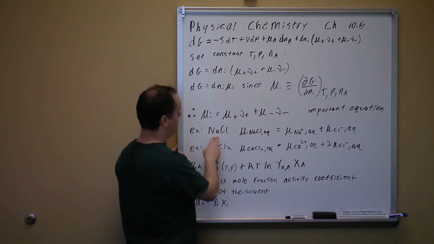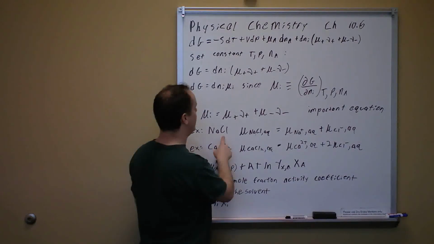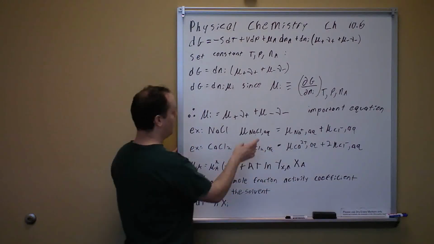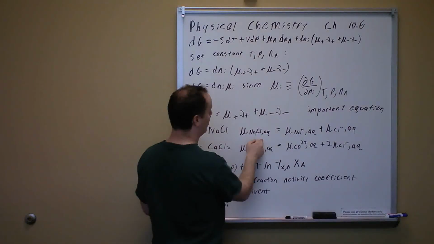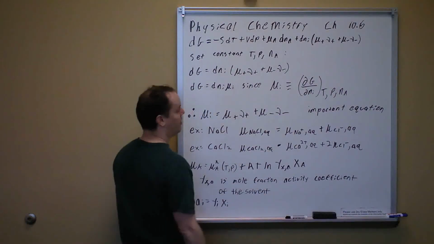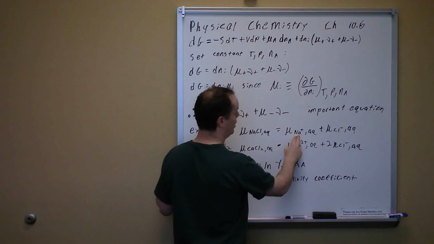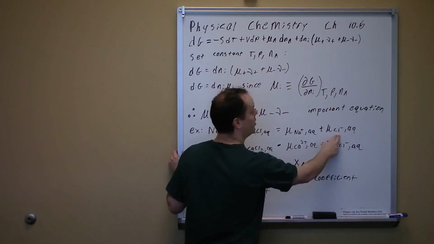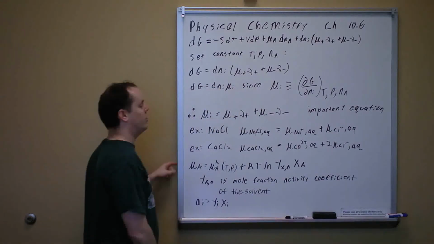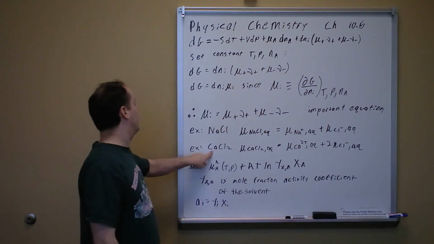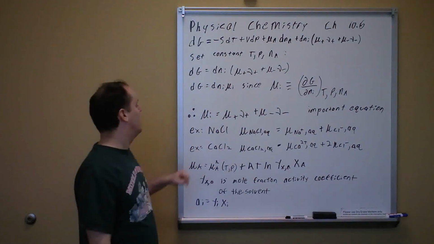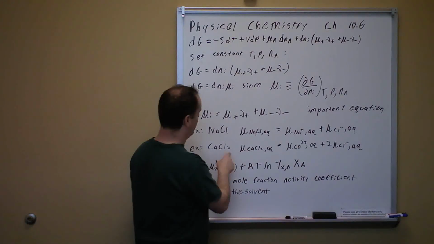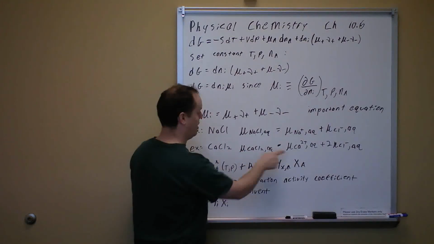As an example, the boring one, of course, NaCl, sodium chloride. If we want to know the chemical potential of sodium chloride in an aqueous solution, it's just equal to the chemical potential of the Na plus ions in the aqueous solution plus the chemical potential of the chloride ions in the aqueous solution. Likewise, calcium chloride, same thing, except you have to pay attention to your stoichiometric coefficients here.